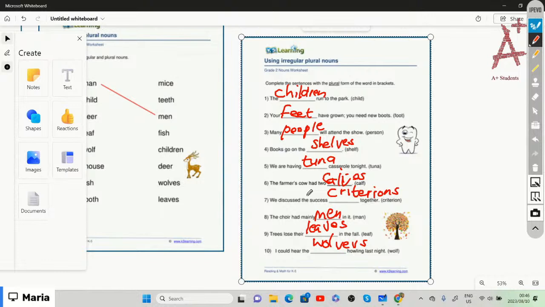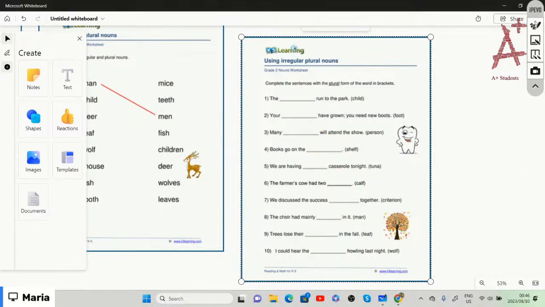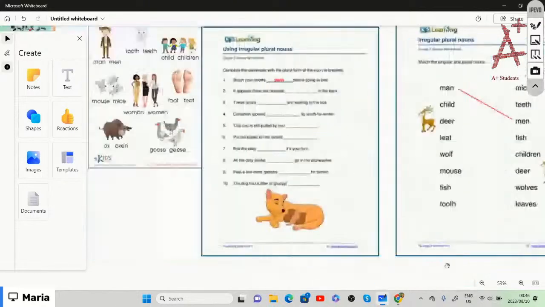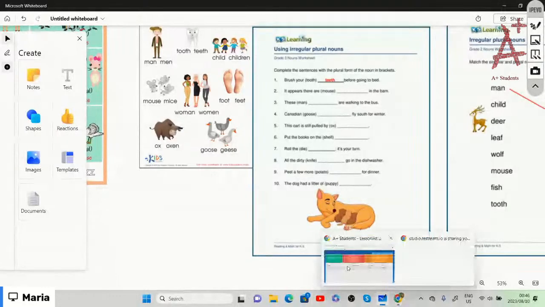And then trees lose their leaves in the fall, and I could hear the wolves. That is wolves. All right. So wolves. So this is how we basically change or use regular plural or irregular plural nouns.